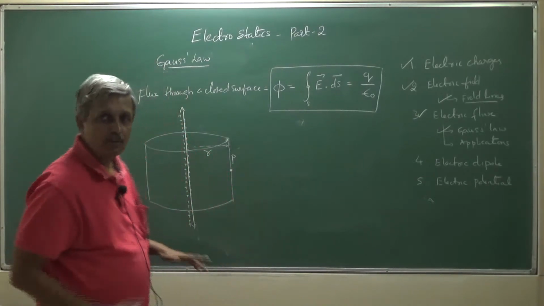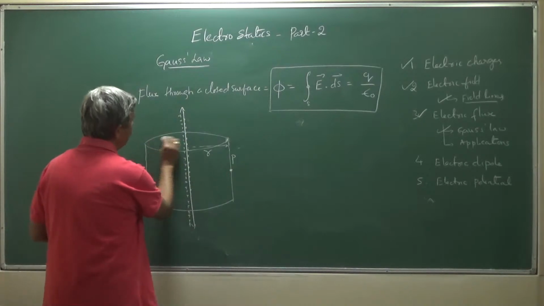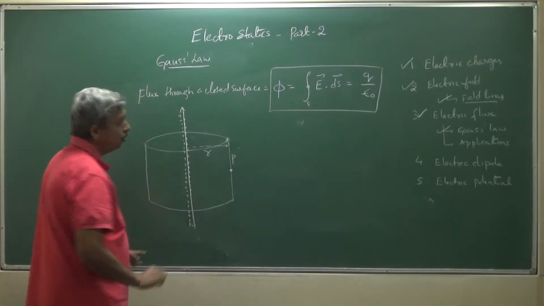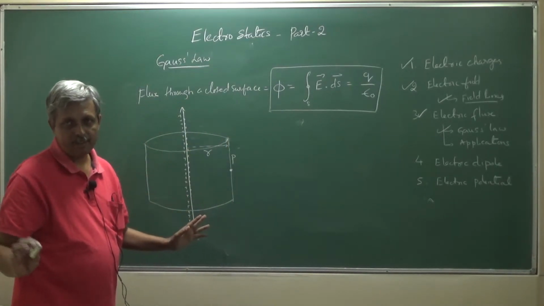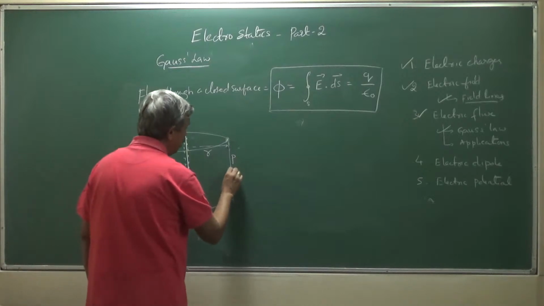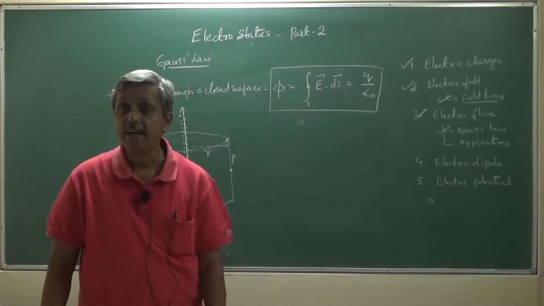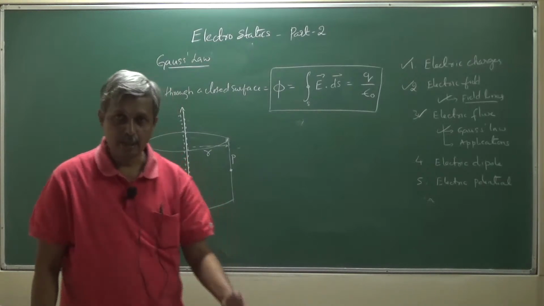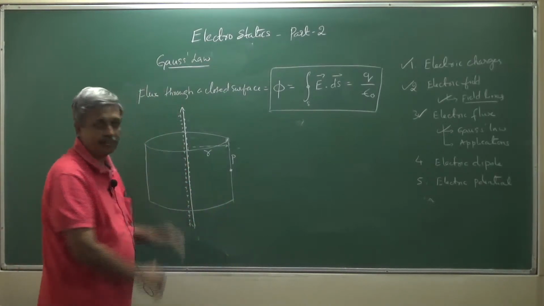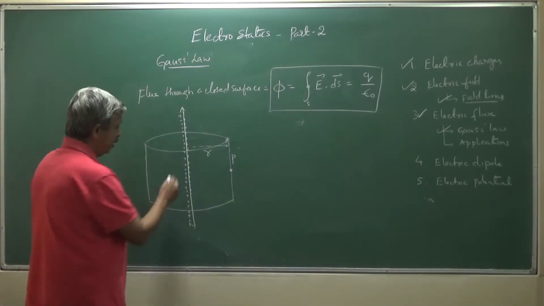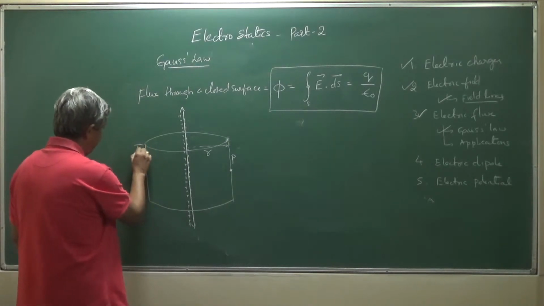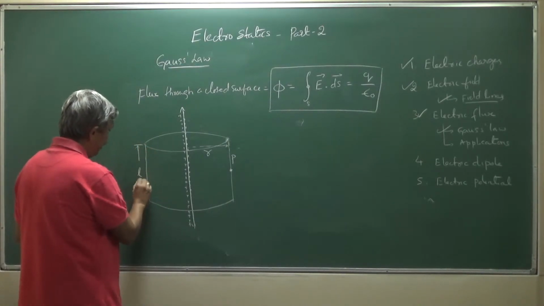This whole surface is closed here and the top also closed, everywhere closed. It's a closed surface. And if I take the electric field everywhere and add all the flux, that must be equal to the charge. Let's say the length of this is some small l.